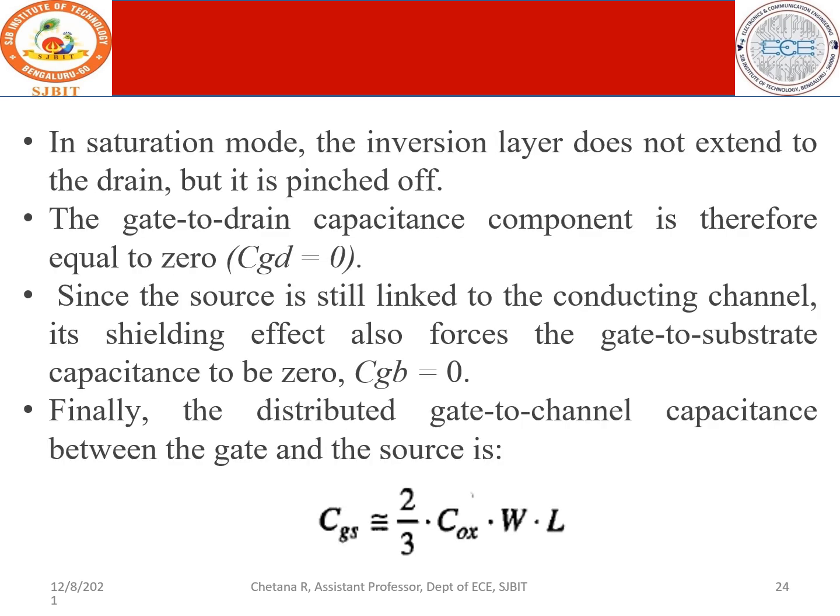Next we see the saturation mode. Apart from the inversion layer, the channel is created and finally you give more and more drain voltage. Because of the drain voltage applied at the drain terminal, the channel gets pinched off. So the drain terminal has totally lost its contact. Therefore CGD is equal to 0.